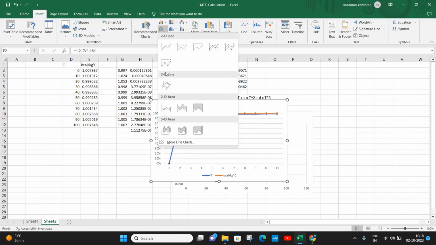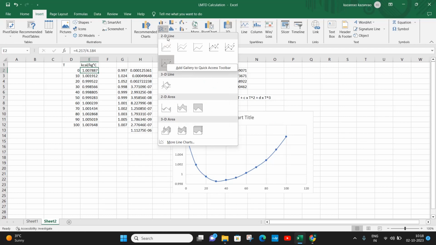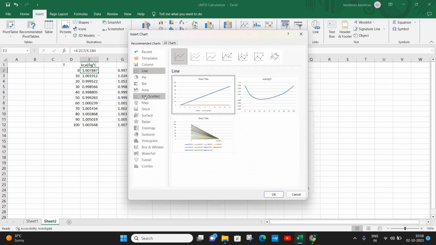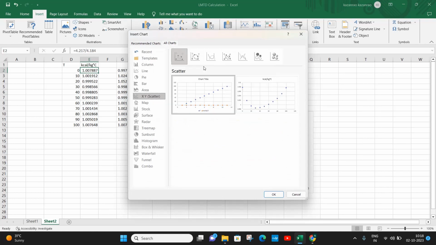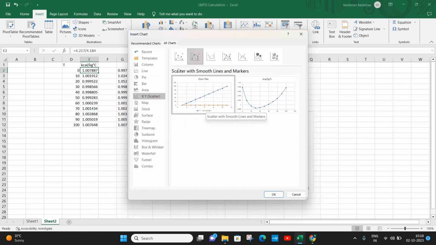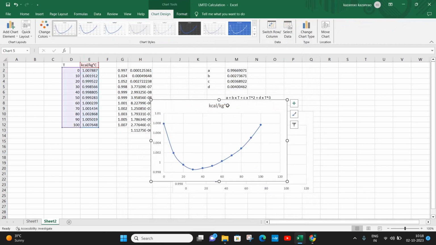I think we need more options. Yes, more line charts. I'll go to XY scatter, and scatter with smooth line. You got it. So this is what I have already done.